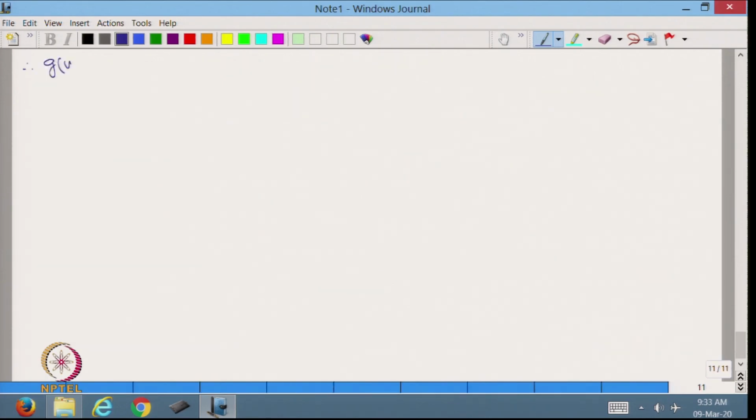Therefore, g of u is equal to the integration from minus infinity to infinity of 1 upon pi square into 1 upon 1 plus v square into v square upon v square plus u square into 1 upon modulus of v dv, and v is going from minus infinity to infinity.